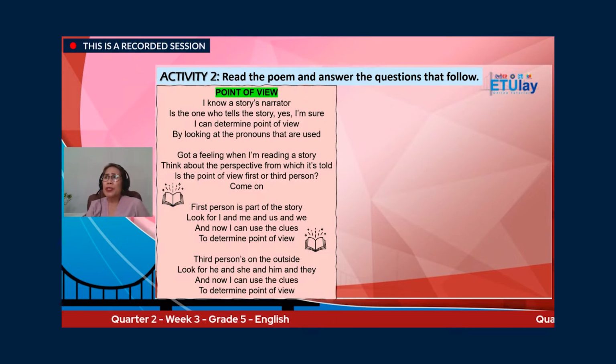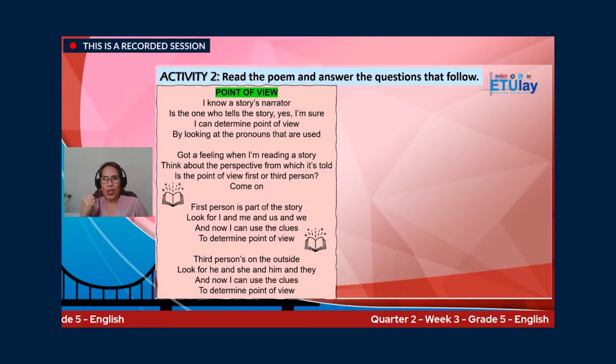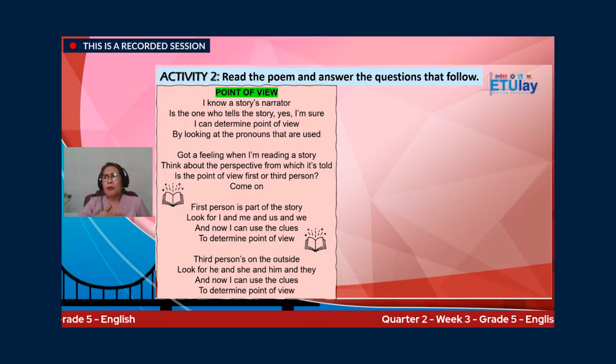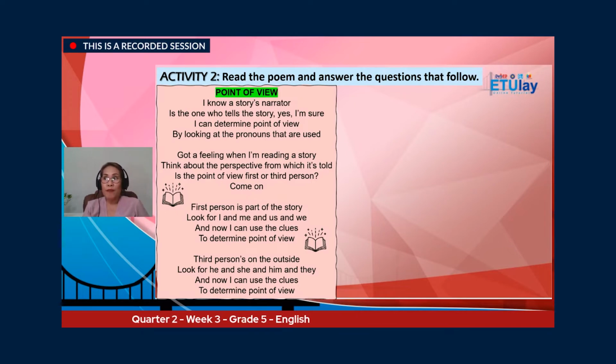I know a story's narrator is the one who tells the story. Yes, I'm sure. I can determine point of view by looking at the pronouns that are used. Got a feeling when I'm reading a story? Think about the perspective from which it's told. Is the point of view first or third person? Come on! First person is part of the story.